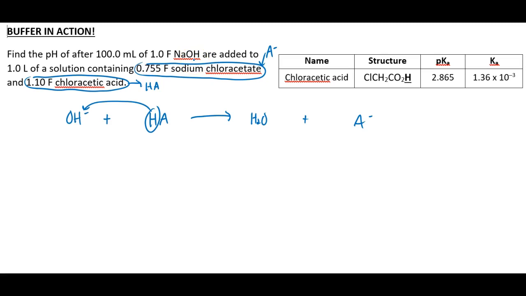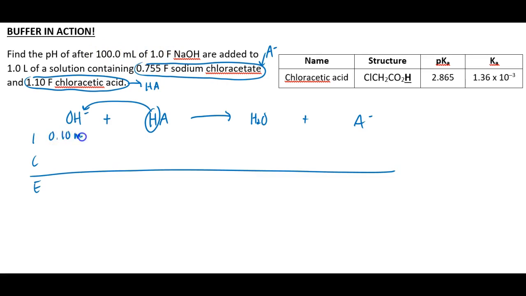We need to figure out how much, so it would be useful to make an ICE table. So if you add 100 mL of 1 molar sodium hydroxide, how many moles is that? I think that's going to be 0.10 moles of OH that we're adding.